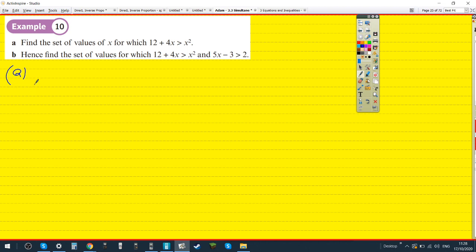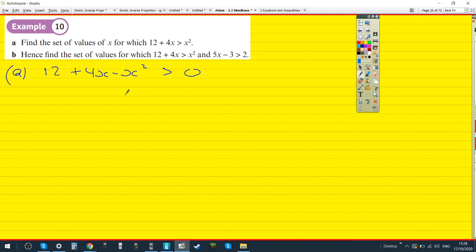X squared. So, are you able to minus x squared on both sides? Yep. Okay, so it'd be 12 plus 4x minus x squared is greater than 0. And then you put that into the calculator.